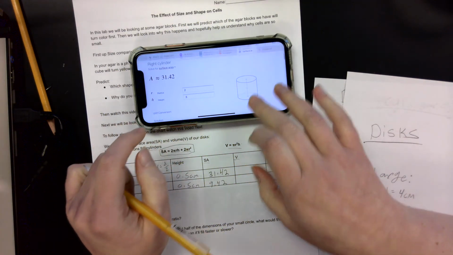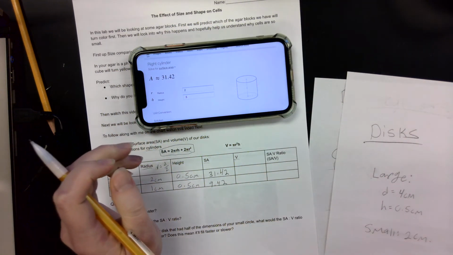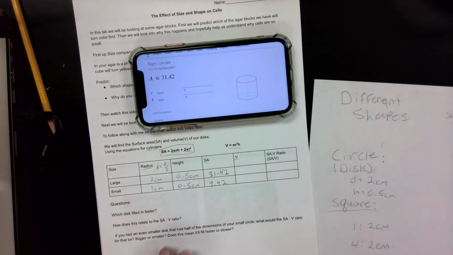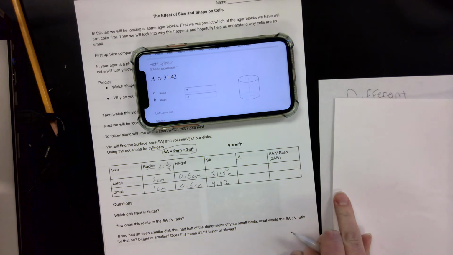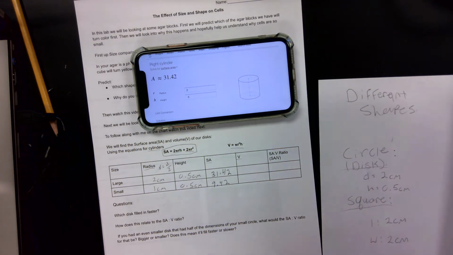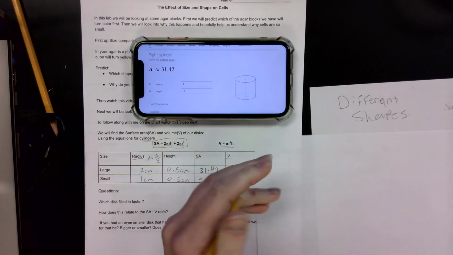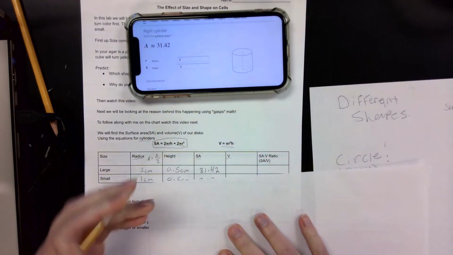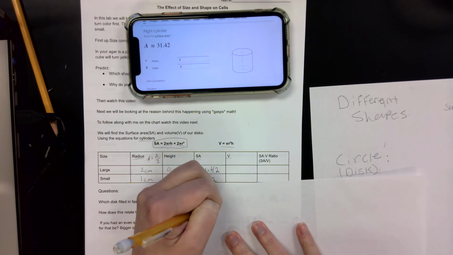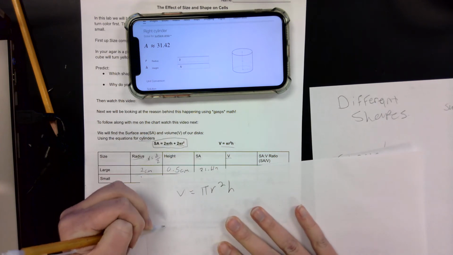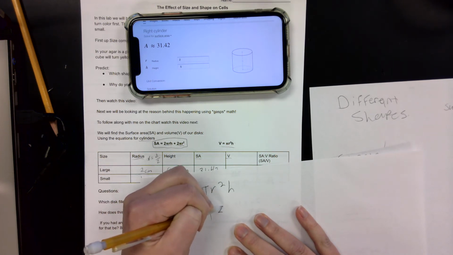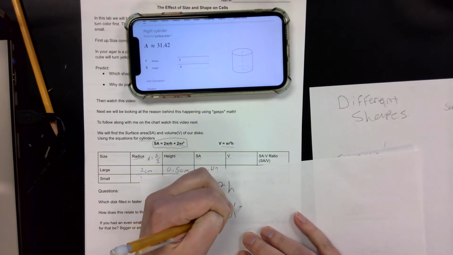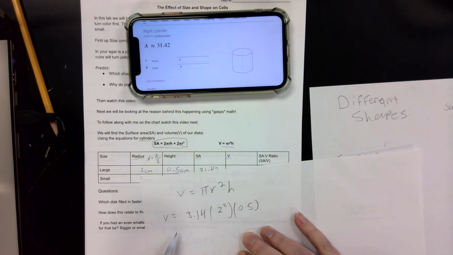Okay. And then you can also do volume the same way. Either use Google, or you can use your longhand. I'll just turn it around. So, volume of a cylinder, I have that up there for you, which is V equals pi r squared times h. So our volume is going to be 3.14 times 2 squared times our height, which is 0.5.